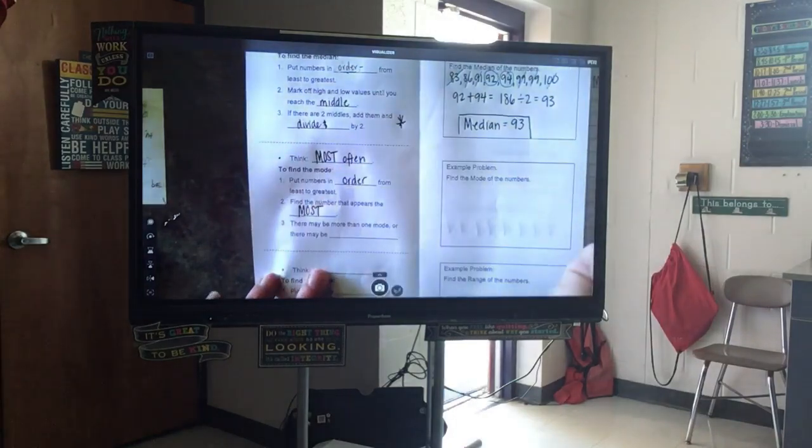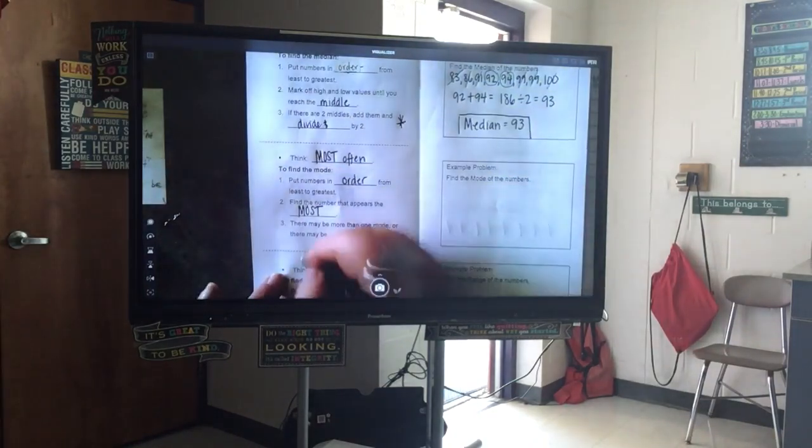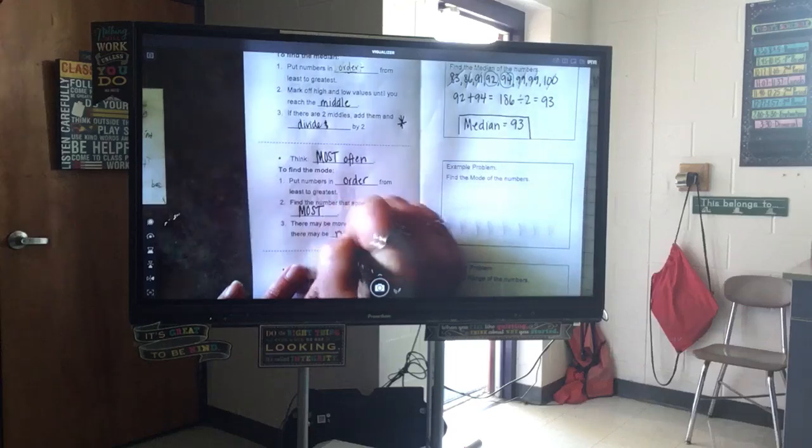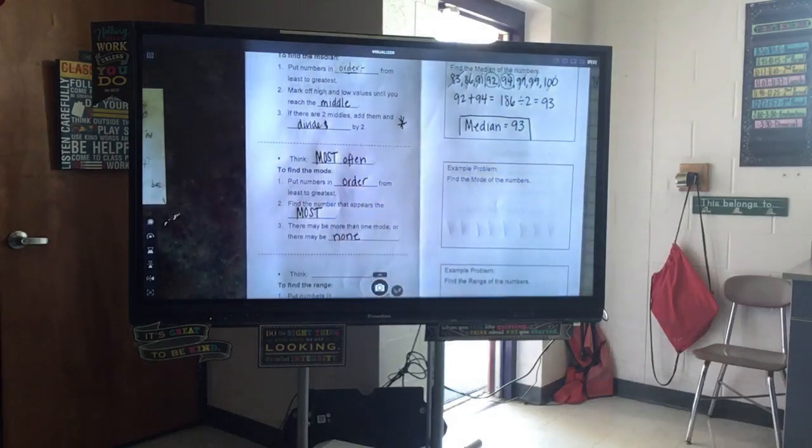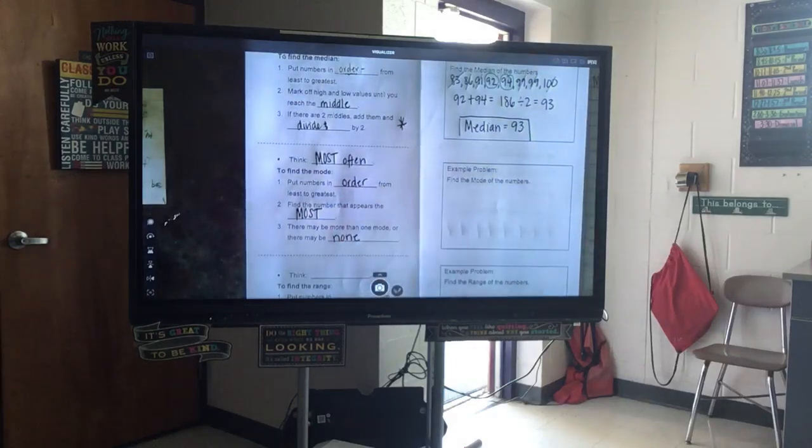There may be more than one mode or there may be none. There's never zero mode. If there's no mode, then there's just none. If there are numbers that appear the most, the same amount of times, then those would be your modes.